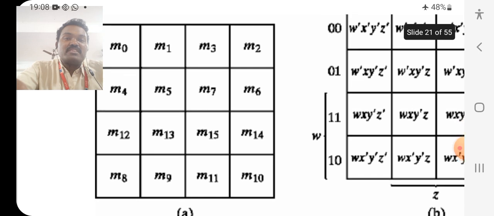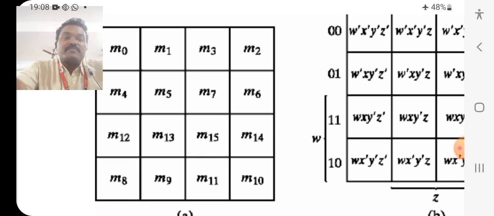This is the 4 variable K-map structure. Totally there are 16 minterms present here. Minterm 0 I am marking in first row, first column. Minterm 1 in first row, second column. Minterm 2 in first row, fourth column. This is a common rule.